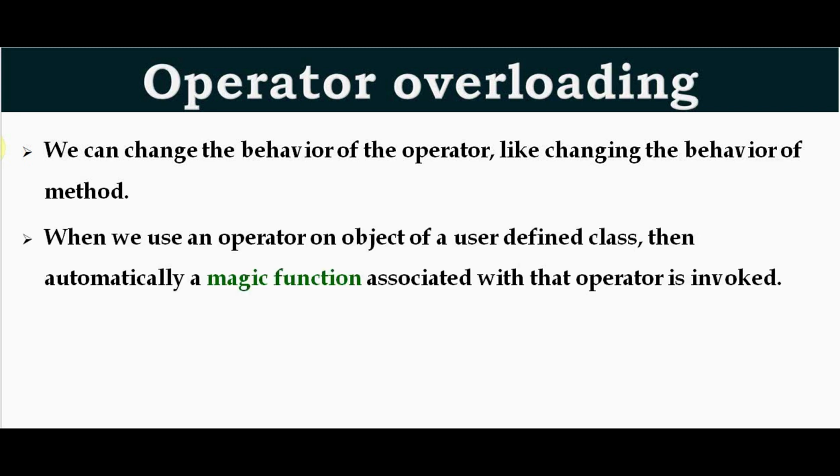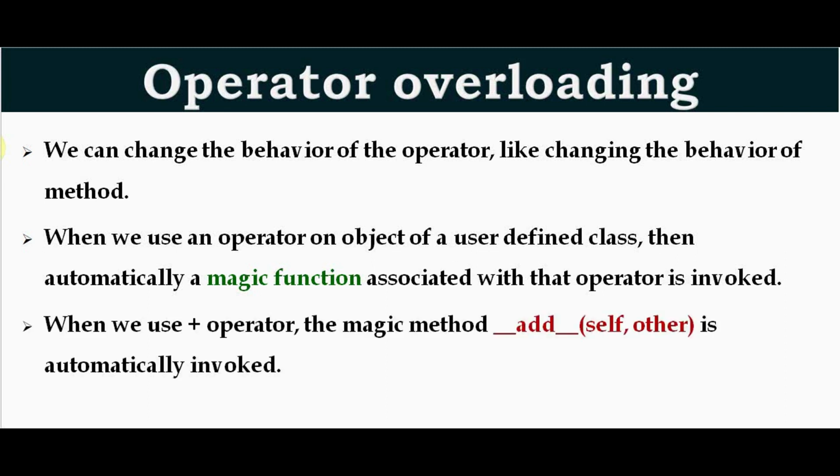When we use an operator on an object of a class, then automatically a special function in Python, called the magic function associated with that particular operator, will be invoked. For example, when you use the plus operator, the magic method double underscore add double underscore, taking 2 arguments self and other, will be automatically invoked.